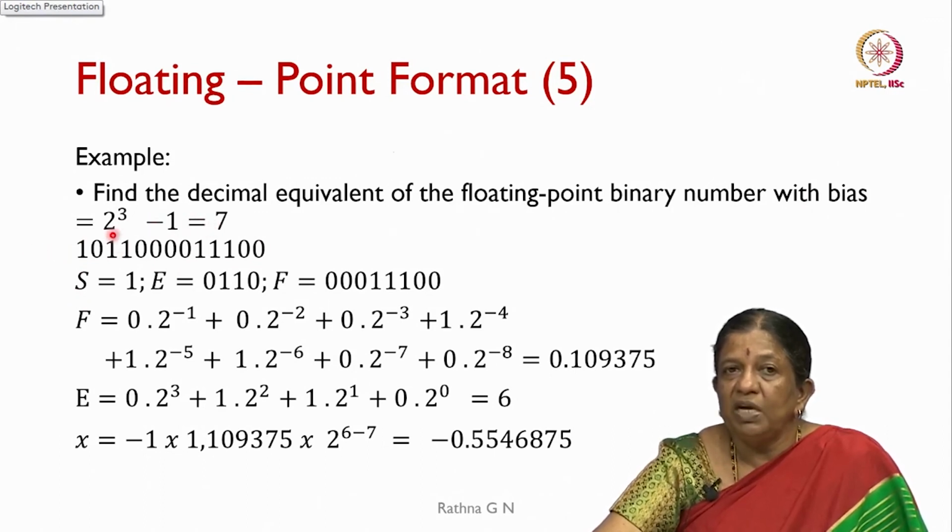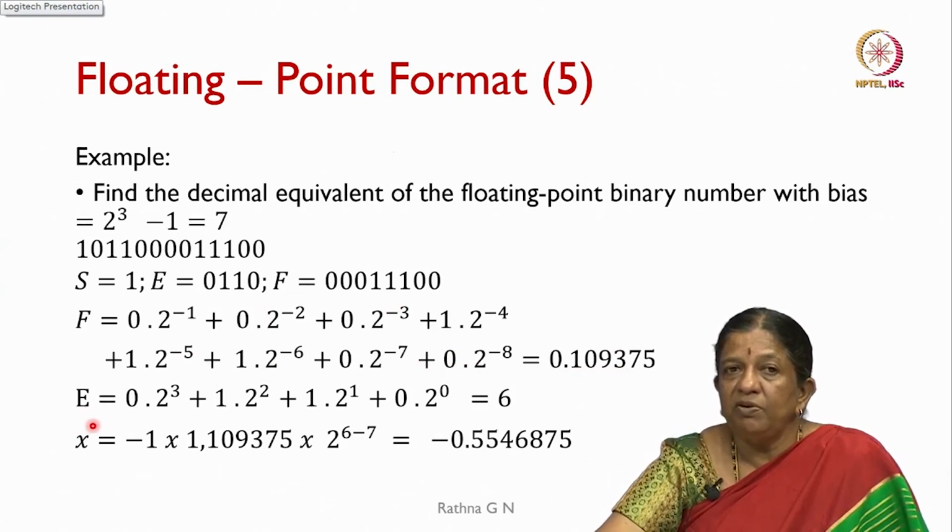I will use 4 bits for the exponent, which is 0, 1, 1, 0, and the rest are fractional bits, which are 3 zeros, 1, 1, 0, 0. When I represent the fraction part, it is 0 into 2 power minus 1, and the next 3 are zeros, and then 1 into 2 power minus 4, and then 1 and the rest zeros, which gives 0.109375 as the f value.